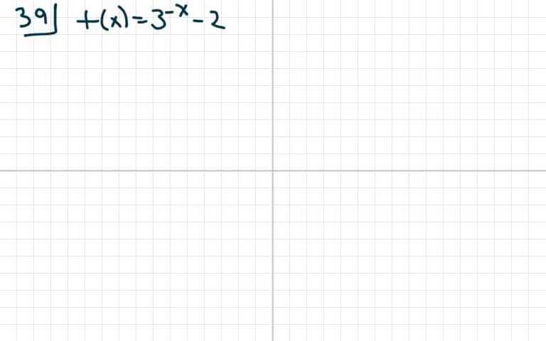Alright. Next one is 39. We have f of x equals 3 to the negative x minus 2. So we're going to use the graph of y equals 3 to the x, and because it's negative x, we're going to reflect it about the y-axis.